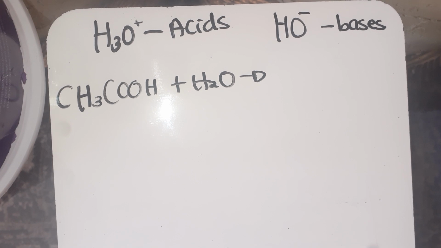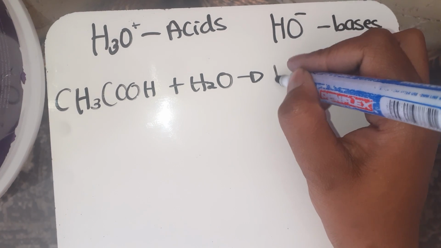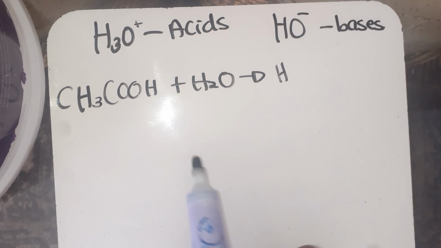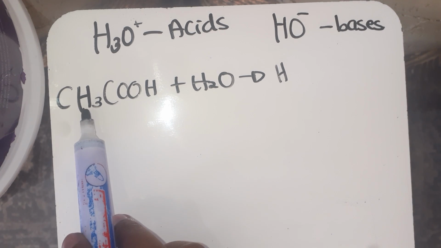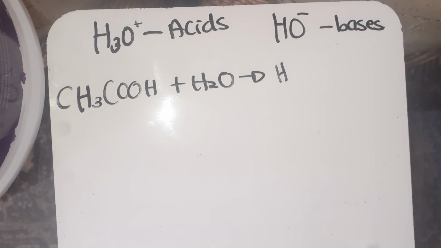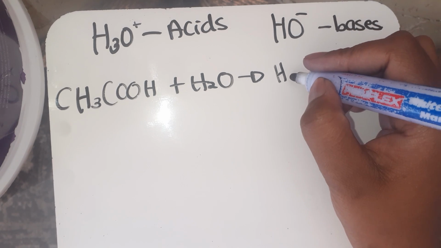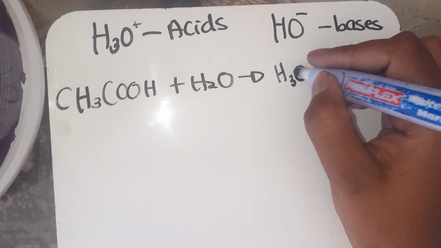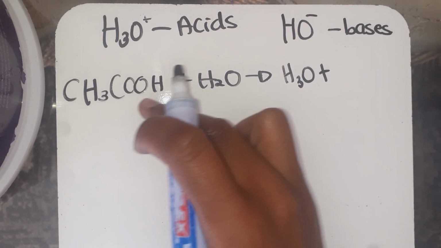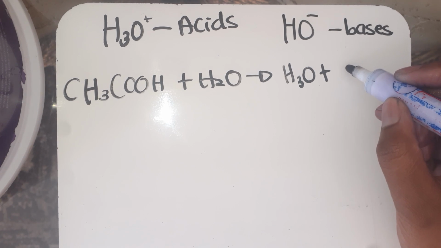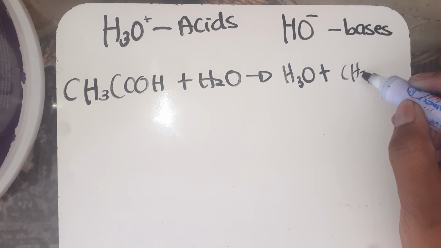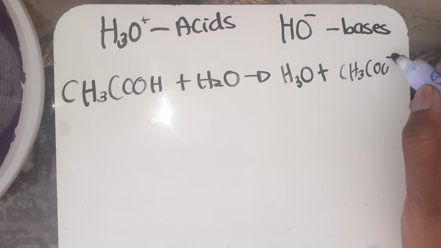All right, this is the other one we have, CH3COOH. We'll just take this H, because if we take the other one, this equation is not going to balance. So we take the H only from this COOH, and then here we'll have CH3COO negative.